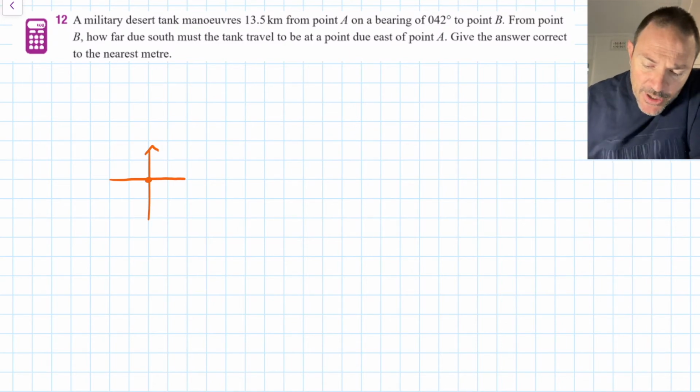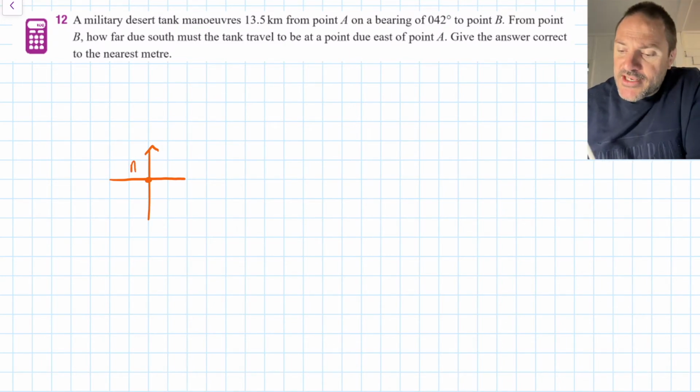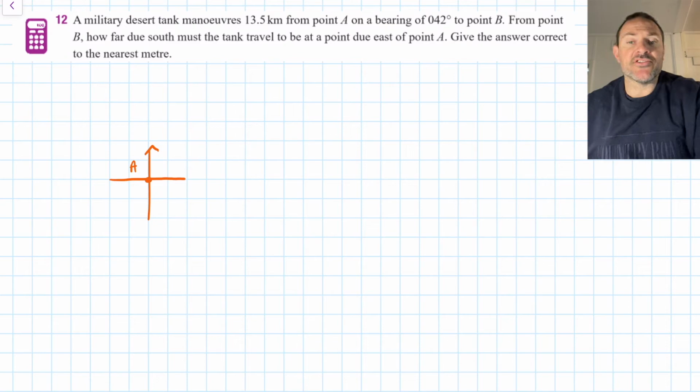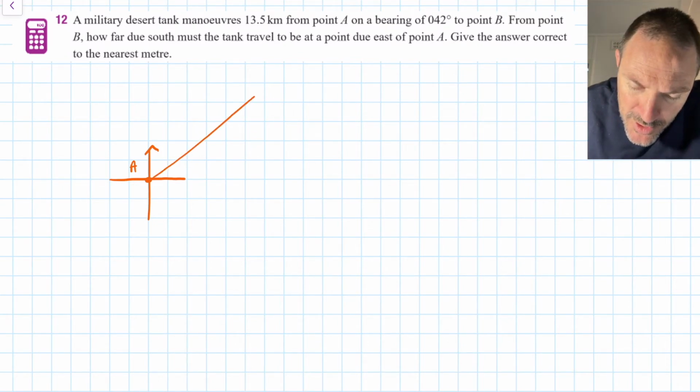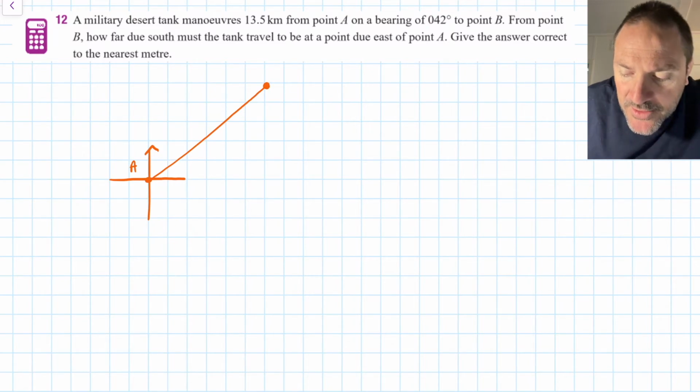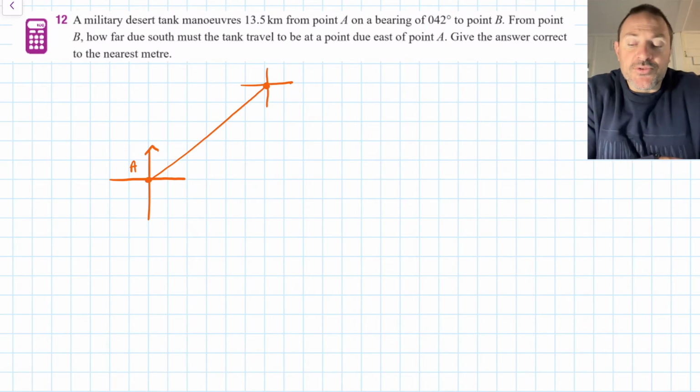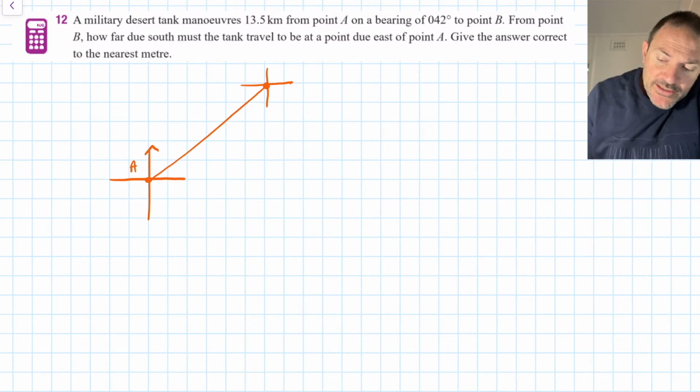This is my point A, I'm going to label it. It says we're going on a bearing of 42 degrees to point B, so I'm going to draw my nice angle there. One thing with bearings, you'll notice every time I get to a new point, I do a little crosshair. I think it really helps a question. Making sure, of course, that we are labeling.